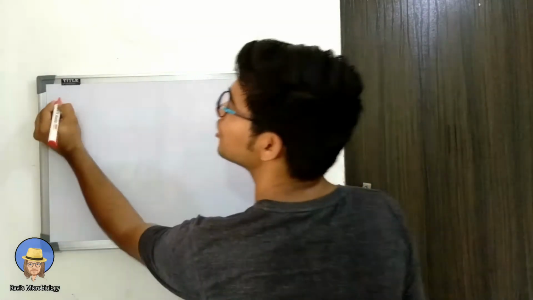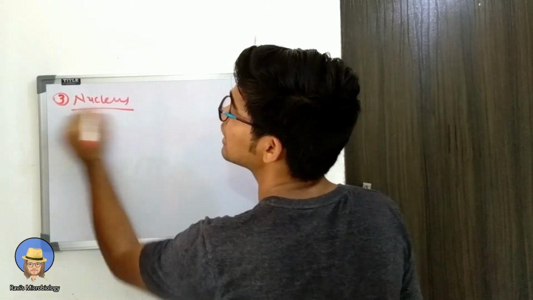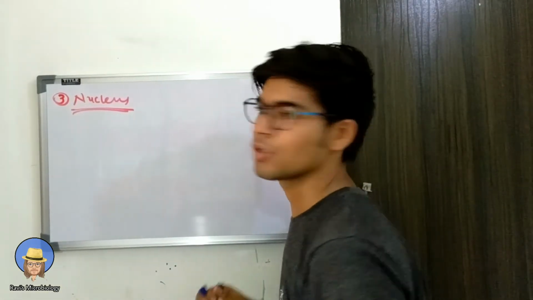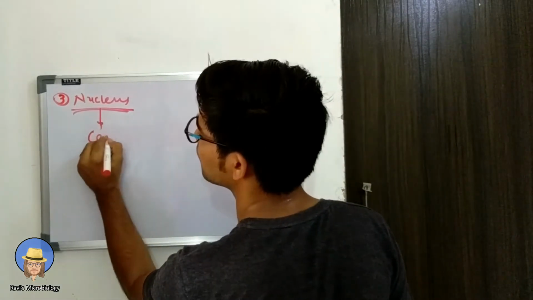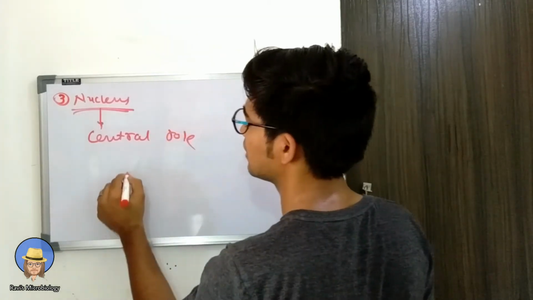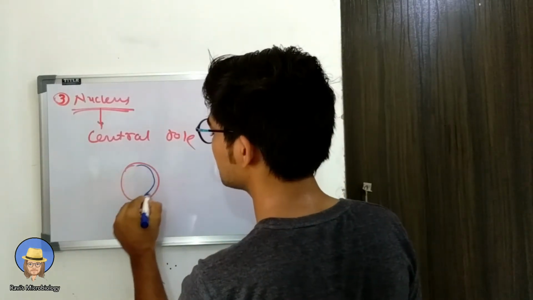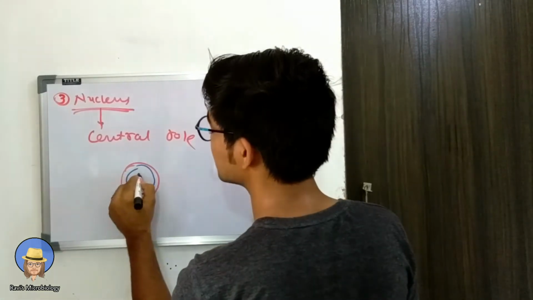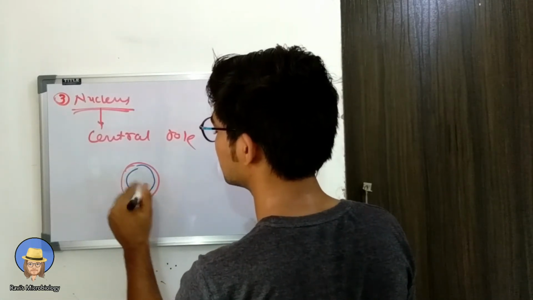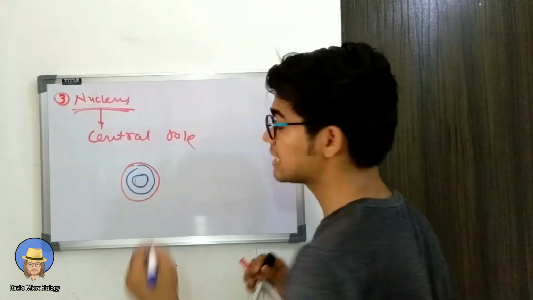The third one is the nucleus. It is the main central part of the cell, playing a central role. This is the cell wall, this is the plasma membrane, this is the nucleus. It lies central.